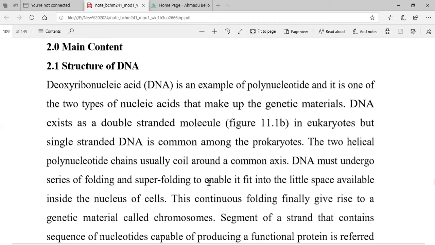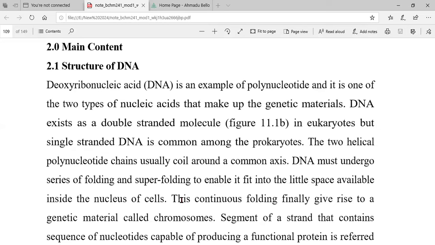DNA must undergo a series of folding and superfolding to enable it to fit into the tiny space that is available inside the nucleus. You know how the cell is so small, and you have the components of the cell, the cytoplasm and various organelles situated inside, and you have the nucleus, which houses the genetic material.